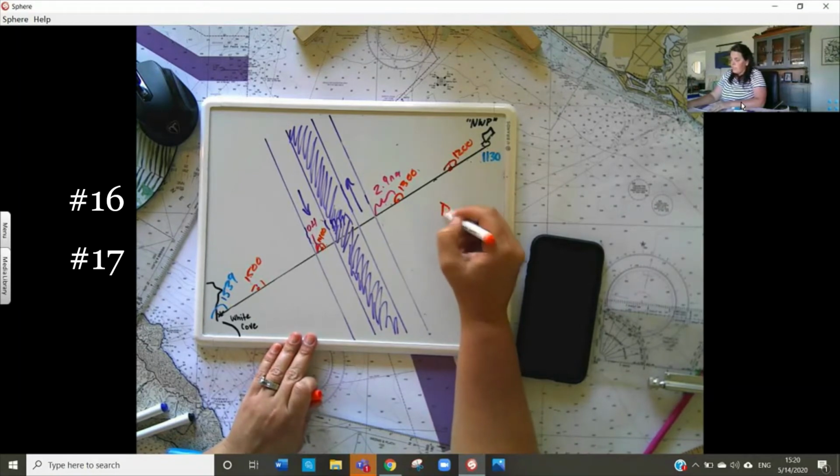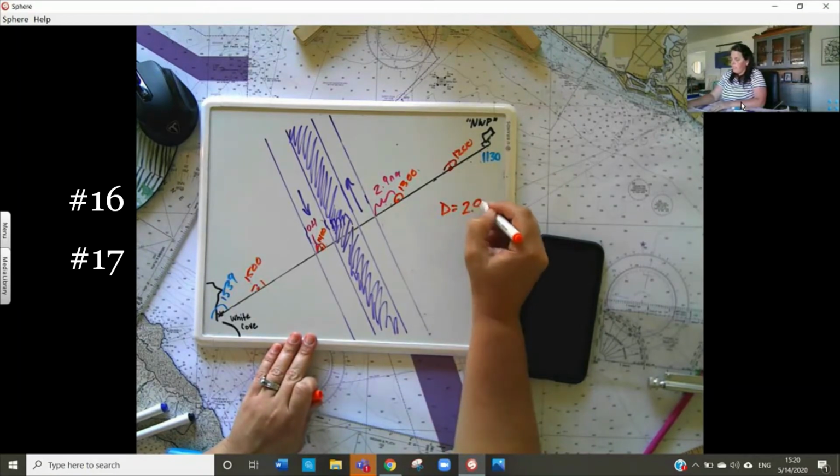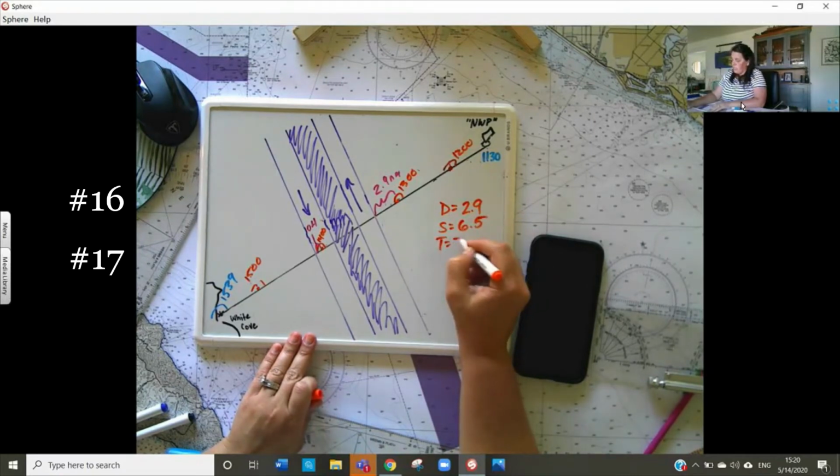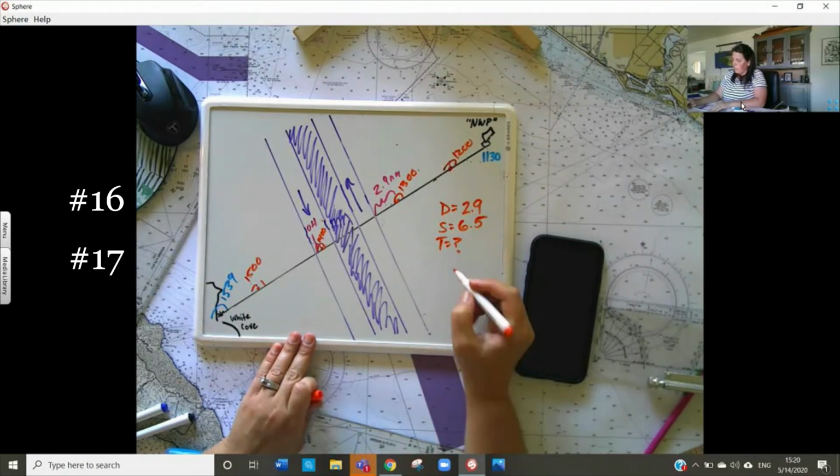We have our distance of 2.9, our speed of 6.5, and our time is our question mark. So we have the magic circle.